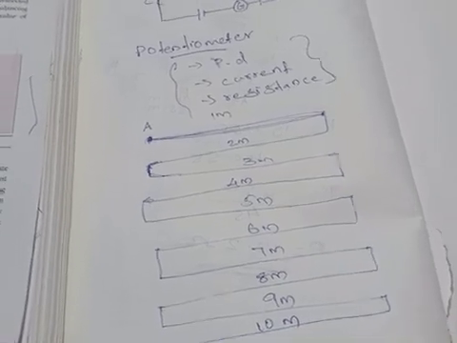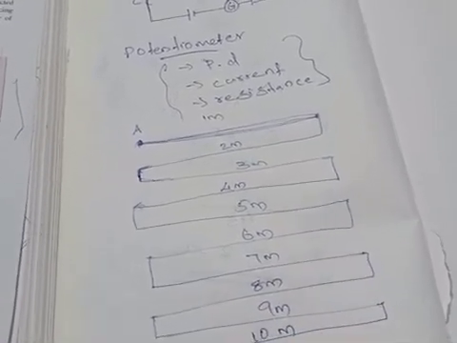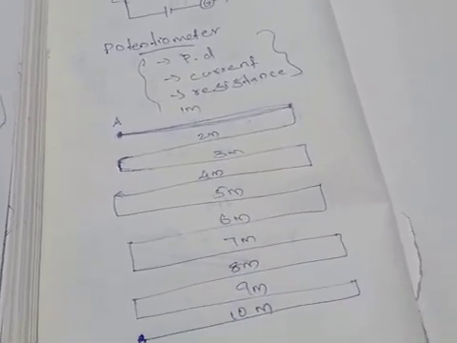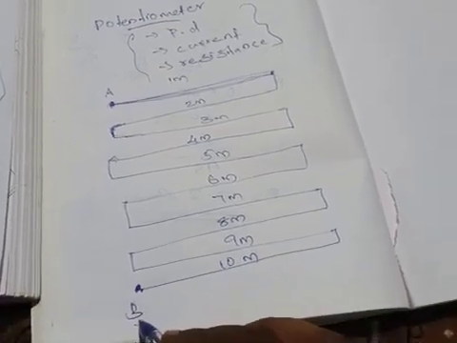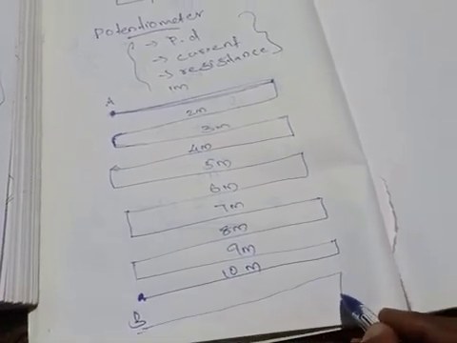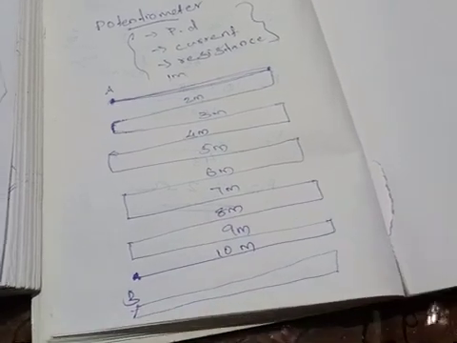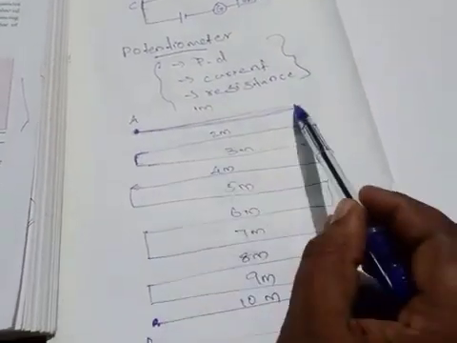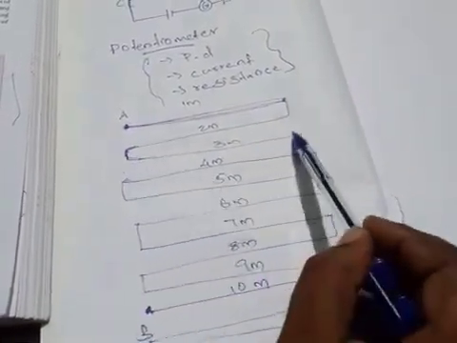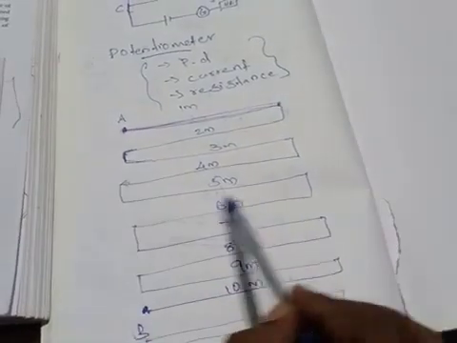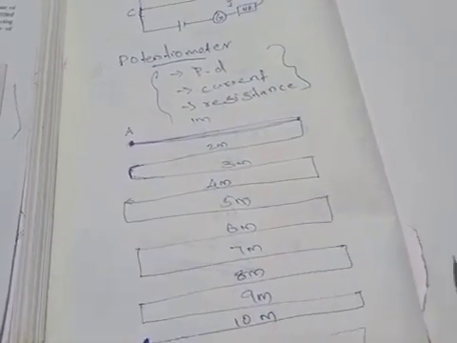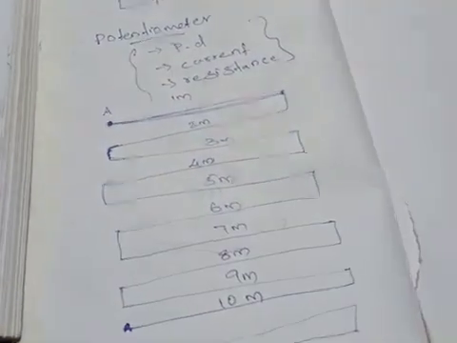And along with this, on that same wooden board a 1 meter scale is fixed like this, 100 centimeter. So you know that 100 centimeter, 200 centimeter, 300 centimeter, 400 centimeter, 500 centimeter, 600, like this we will take the reading also.